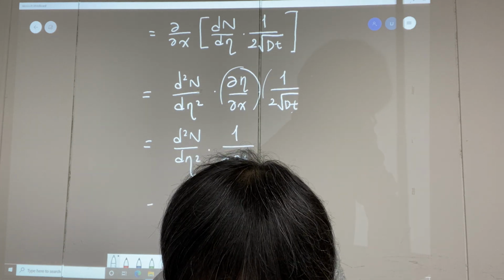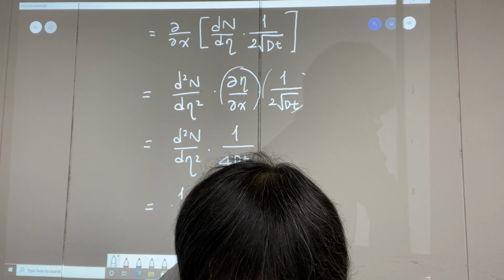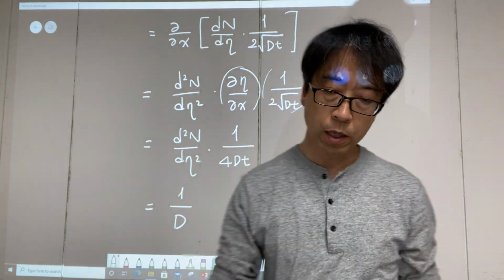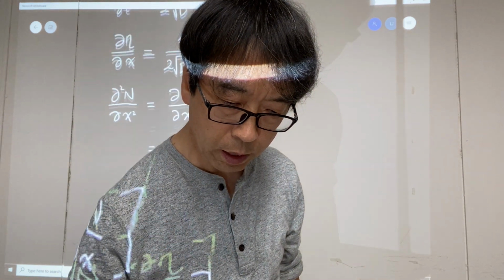And this is indeed equal to the right hand side, which was 1 over d partial n partial t. Partial n partial t was right here.